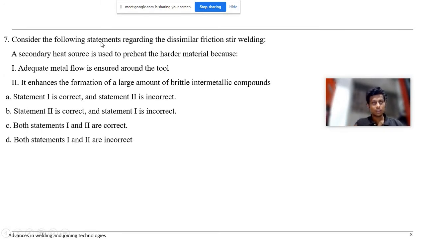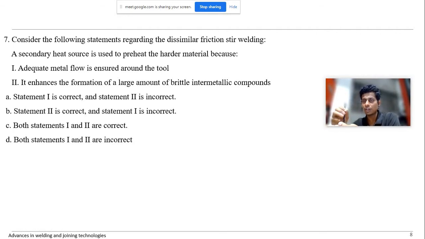Then, consider the following statements regarding dissimilar friction stir welding. A secondary heat source is used to preheat the harder material. In friction stir welding, as I explained earlier, there will be a tool that is plunged, and weld time will be given.